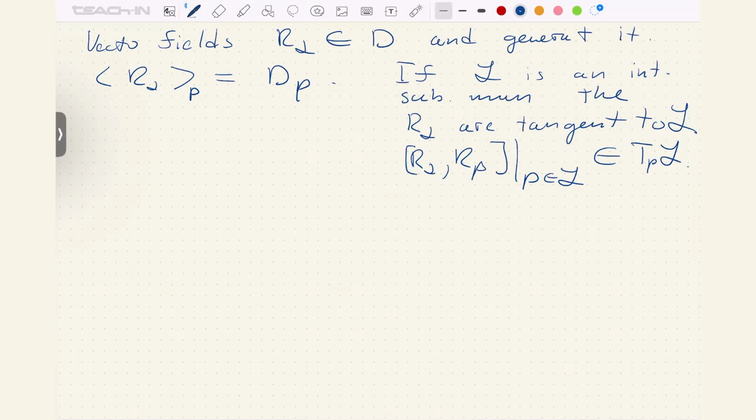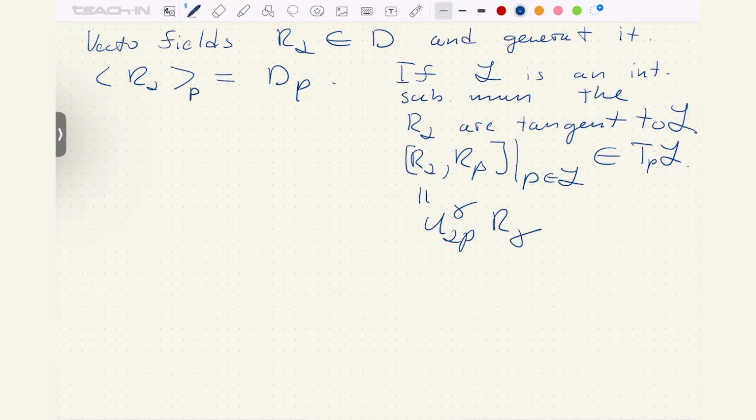Because if two vector fields are tangent to a submanifold, and if you take their commutator, then we again get a tangent field, or this is equivalent to saying that this thing equals some numbers gamma.